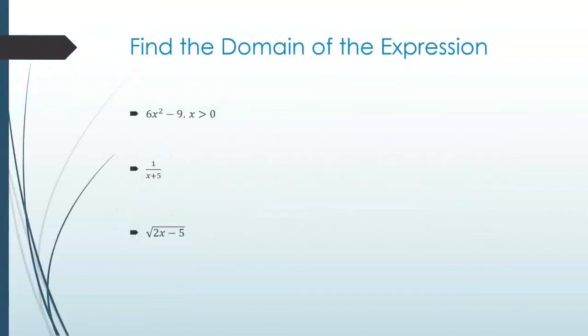So I've got 3 examples here, finding the domain of the expression. The first one, we have 6x squared minus 9. So this is a polynomial, and polynomials' domain is all real numbers. Except in this case, they tell us x has to be greater than 0.